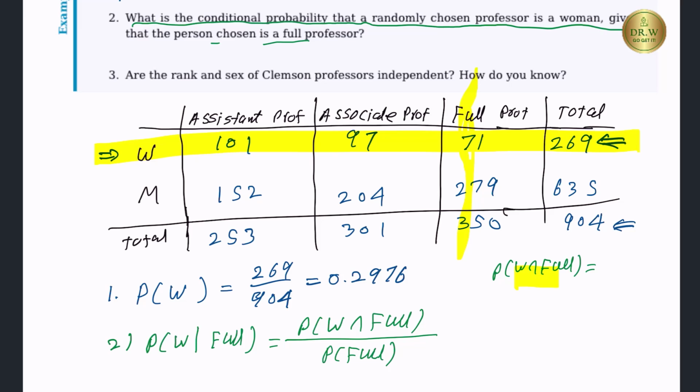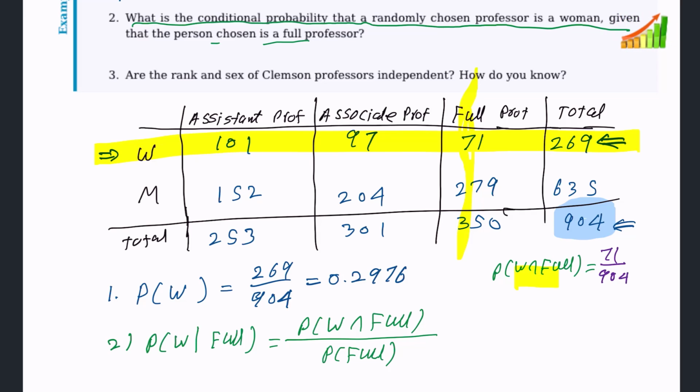It is 71. Therefore I can say 71 divided by what? Divided by total. What is the total? 904. Therefore 71 divided by 904, that is the probability of woman and full professor.